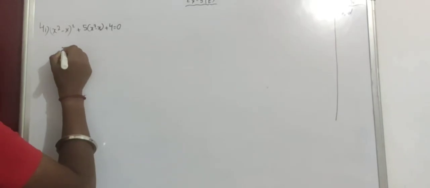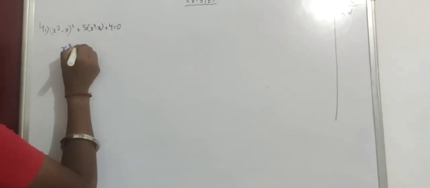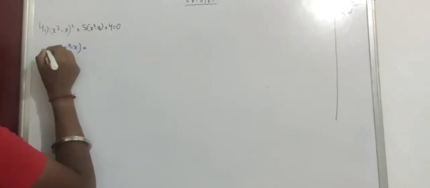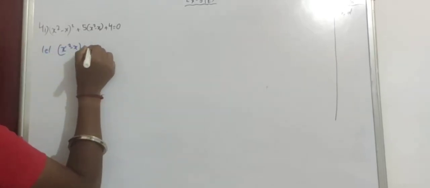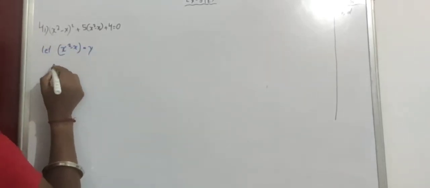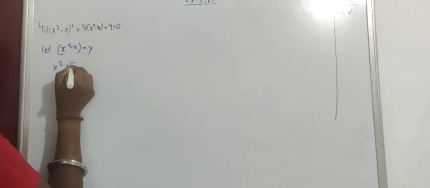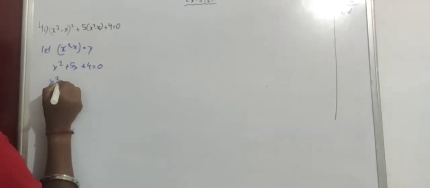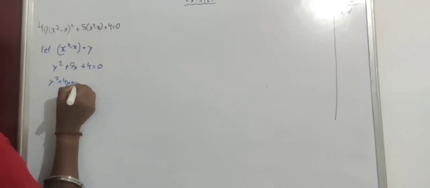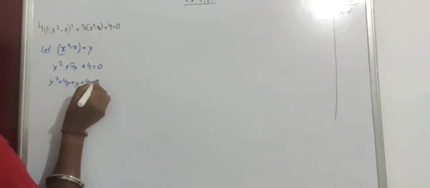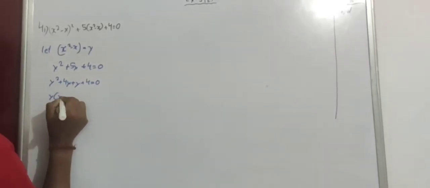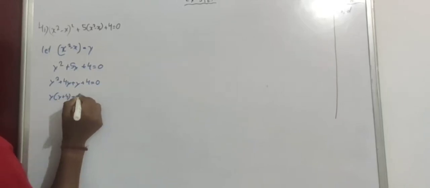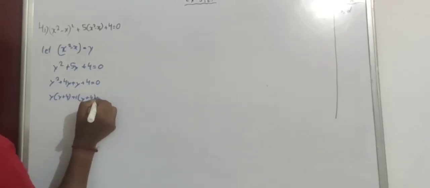You can see that x square minus x is common to both. So let it be any variable, let it be y. So you have y square plus 5y plus 4 is equals to 0. So y square plus 4y and y plus 4 is equals to 0. So we have y plus 4 plus 1, y plus 4 is equals to 0.